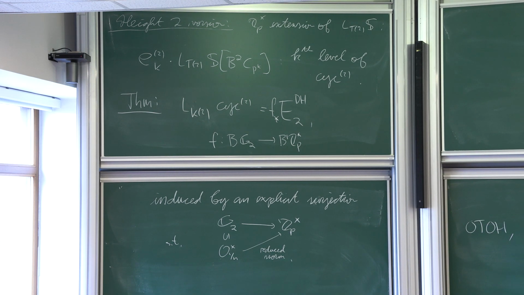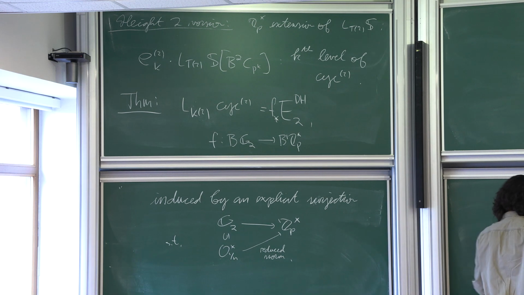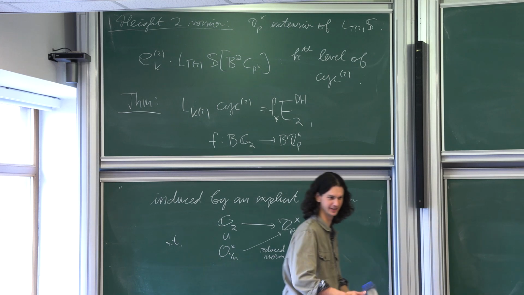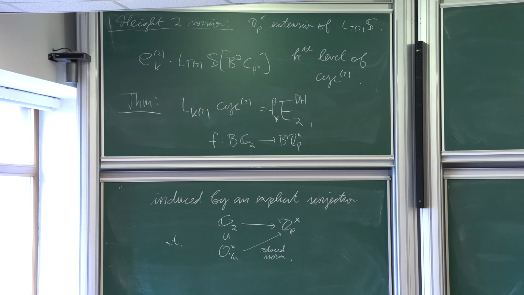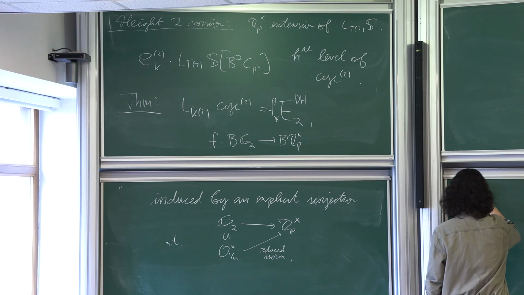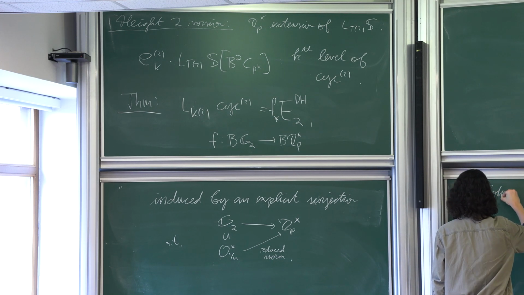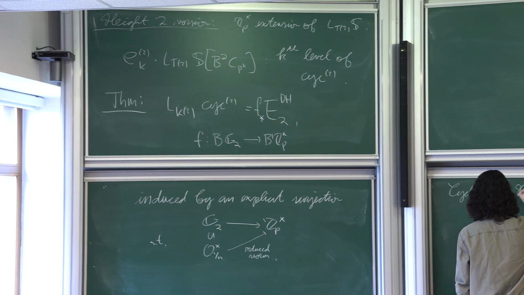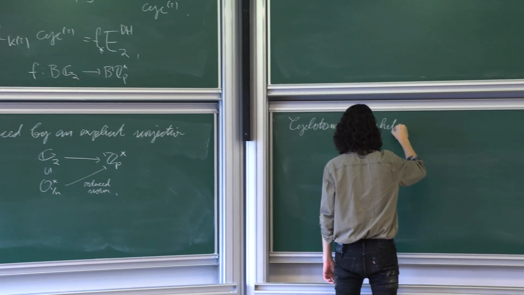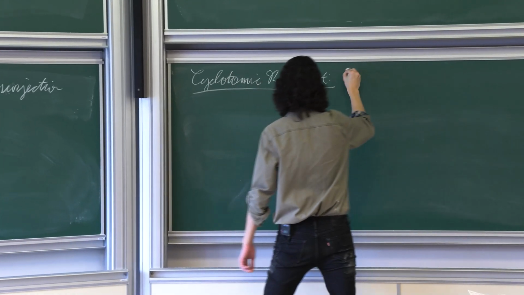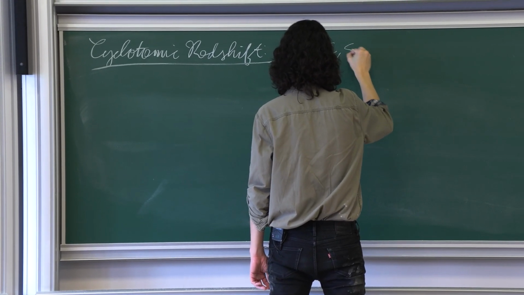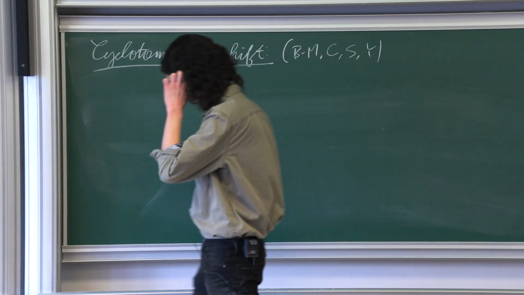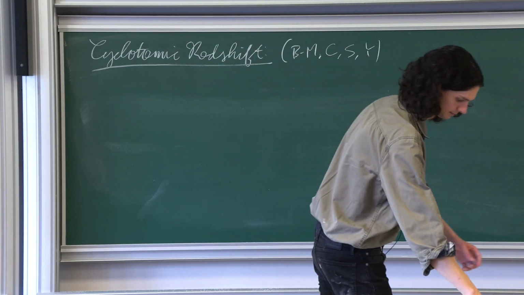Now recall the redshift philosophy, which says that height n information, when you apply K-theory, should go to height n plus 1 information. So one can ask how this plays out for these cyclotomic towers, and that's the story of cyclotomic redshift. So this is Ben-Moshe, Carmeli, Schlank, Yanovski.